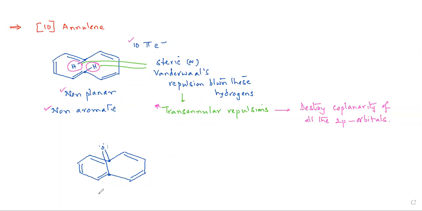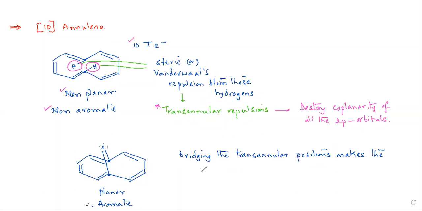As a result, it becomes aromatic. The only change we made is we have bridged. Bridging the transannular position makes the molecule planar.